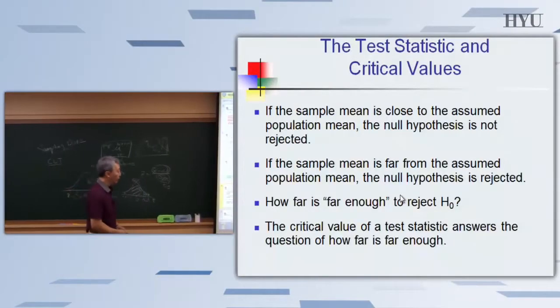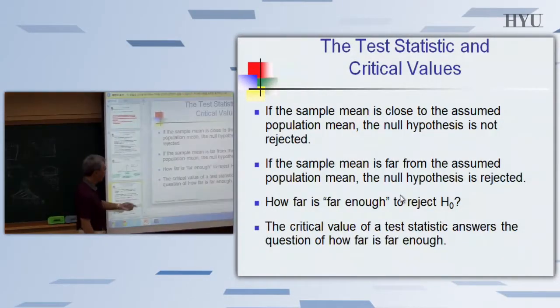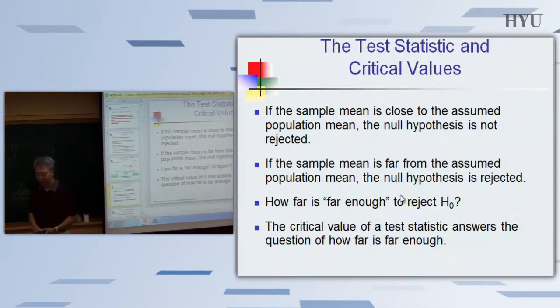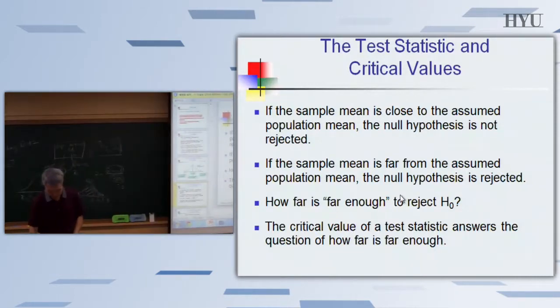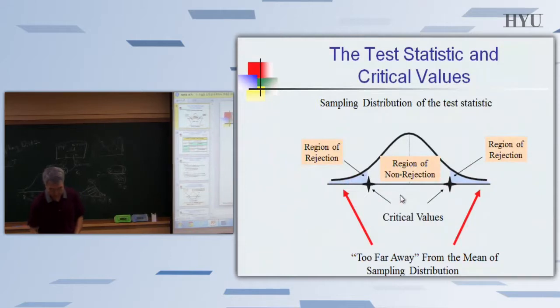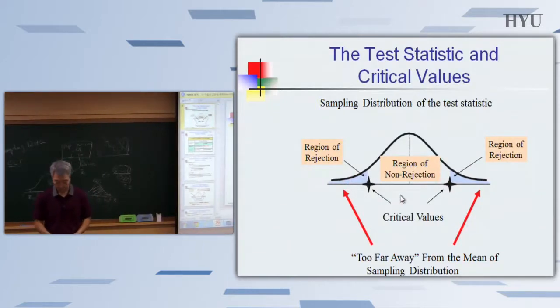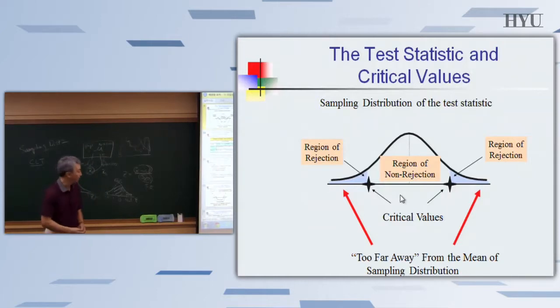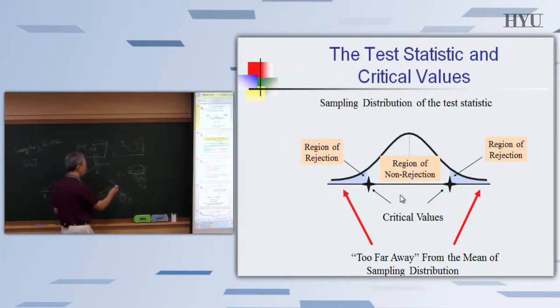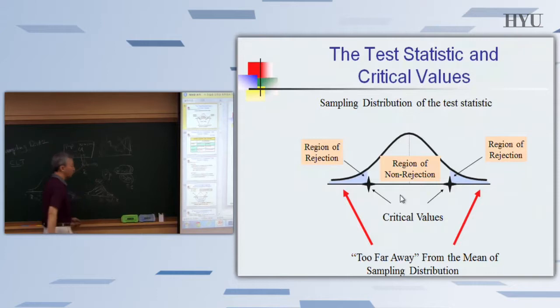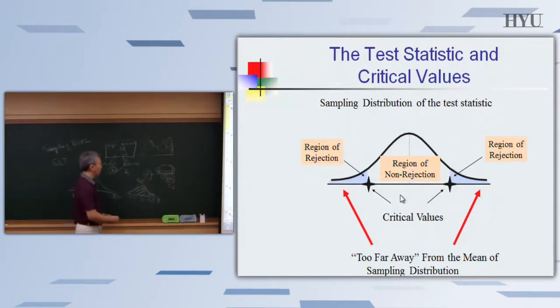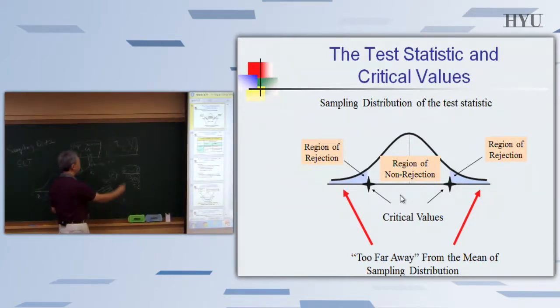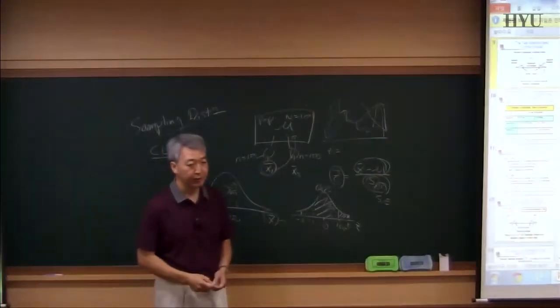So for that reason, we have to come up with what we call a critical value of a test statistic, okay? Well, first of all, what is the test statistic? Depending on what situation you are in, you can use either Z or T as your test statistic, right?